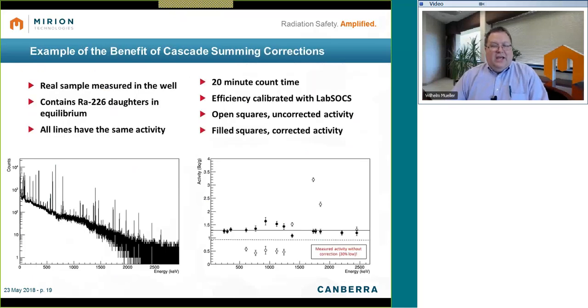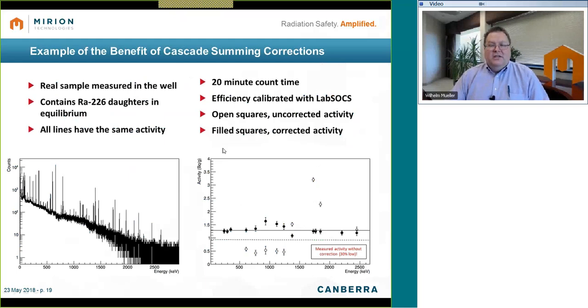And to show that, I show the benefit of the cascade summing corrections here. This is an example of a sample measured in the well that contains radium-226 and daughters. The sample was closed and allowed to come to secular equilibrium, so that the individual lines from the radium-226 and the daughters, when analyzed, should give the same activity.